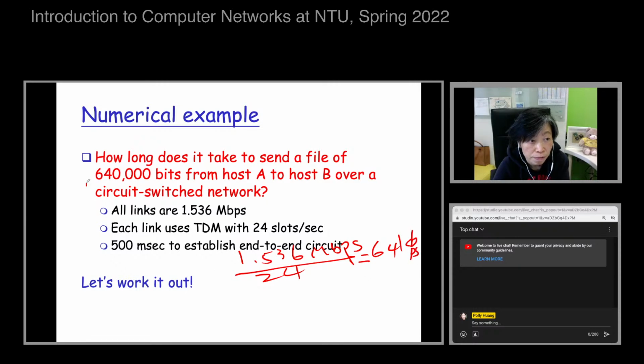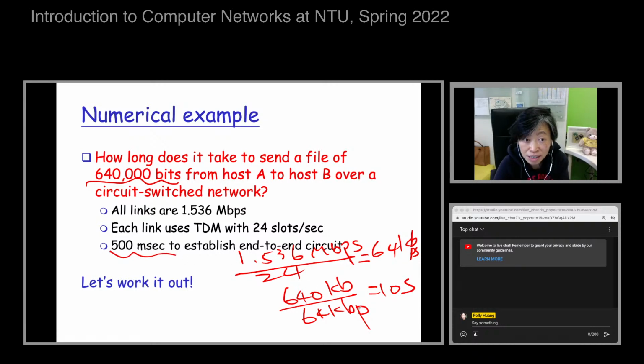And we know the file size is this big. So how long does it take to transmit these many bits over the effective bandwidth? At 64 kbps, 10 seconds. And plus the half second to establish the connection, then we take 10 seconds to transmit the file.